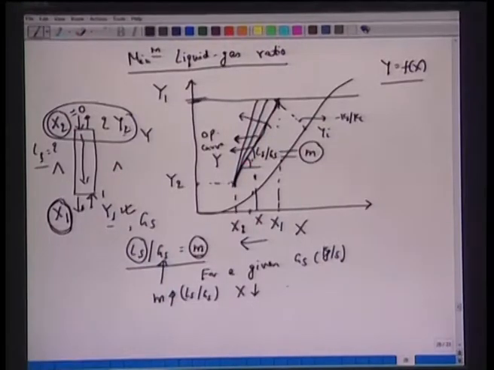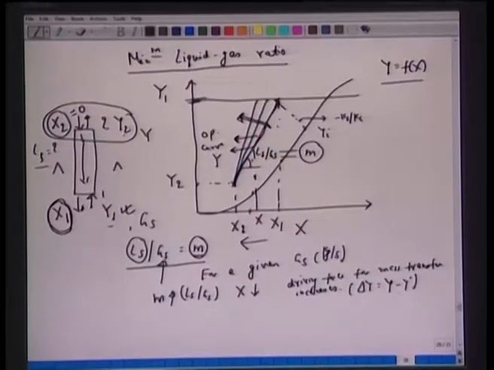And also we note the driving force for mass transfer also increases. Look at the difference between the operating curve and the equilibrium curve as the line moves in this direction. Essentially the driving force delta y, y minus y star in the bulk phase, from our previous discussion, will increase here.